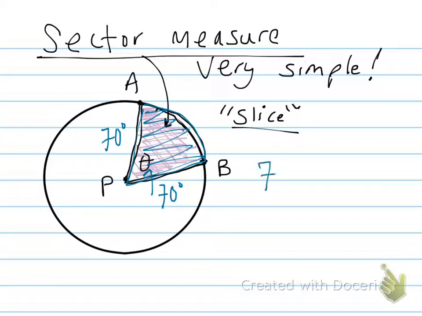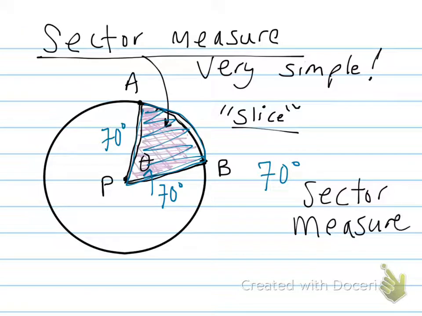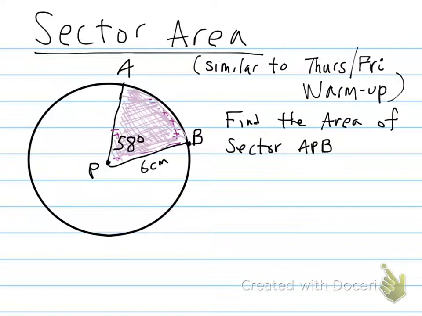So 70 degrees out of the total of 360. So 70 degrees is the sector area. Sorry, sector measure. I shouldn't be mixing those up. It's the sector measure. In contrast to the sector area, so let's look at sector area next. Sector measure, it's just the central angle. Whatever that angle is in the middle, that's the sector measure as well.